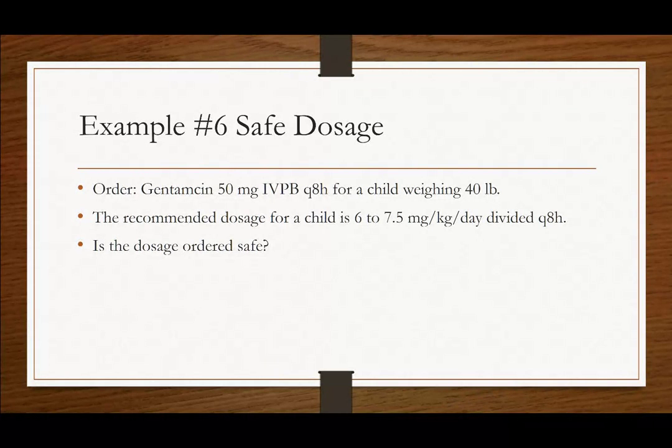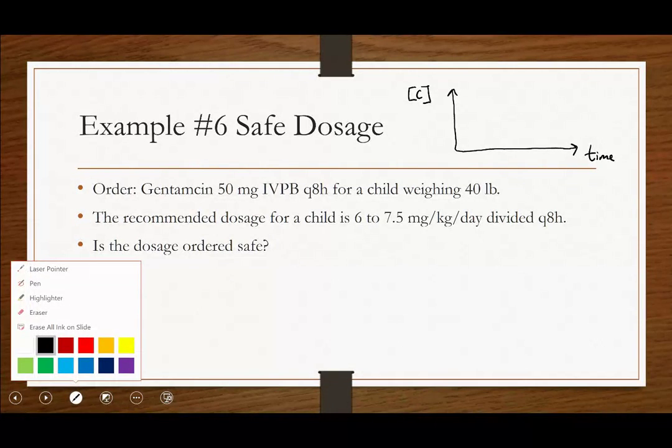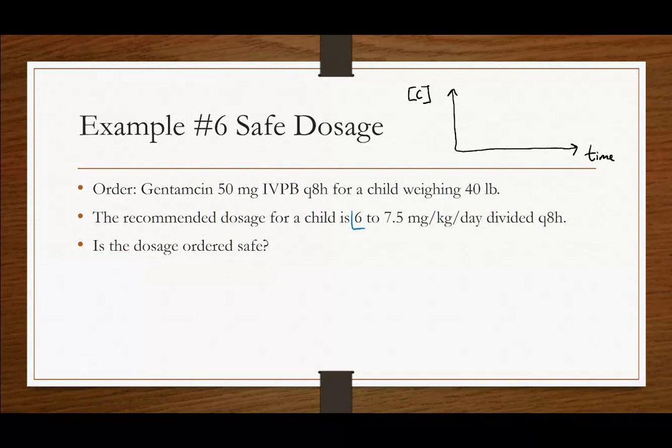So let's talk about safety here for just a moment. I want to draw out a little bit about what is going on inside the body for just a second. Over time, we're increasing the concentration of the solution, whatever the order happens to be. So we have a minimum amount in this case that we would consider effective. Over time, we want the concentration to meet this minimum value to actually create some therapeutic effect.